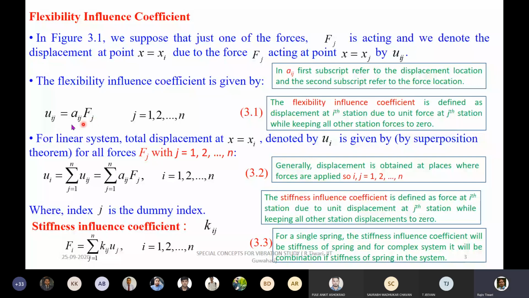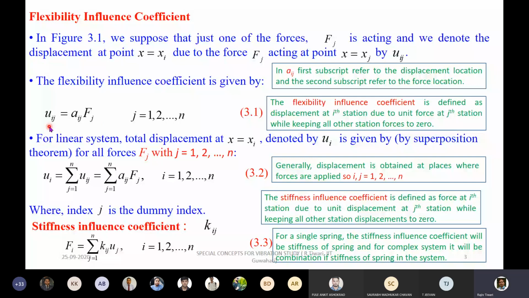That will give another displacement. So we can change the force position from 1 to n, and we will get a different displacement for each force location. We are changing the force location, but we are looking at the displacement at this one location.